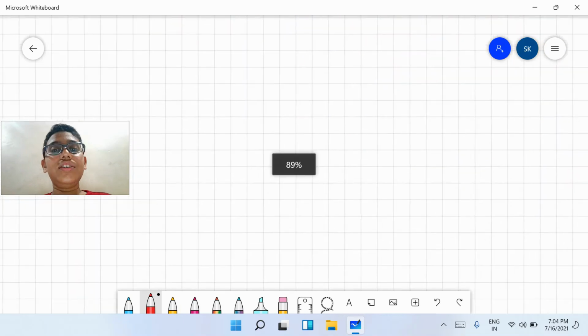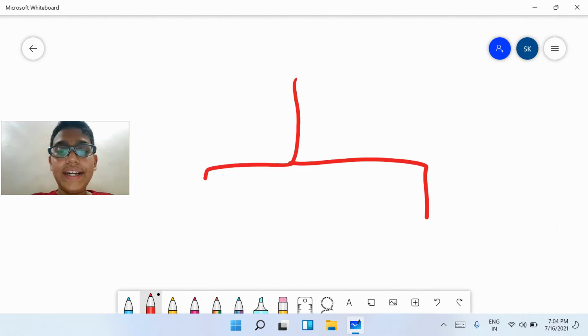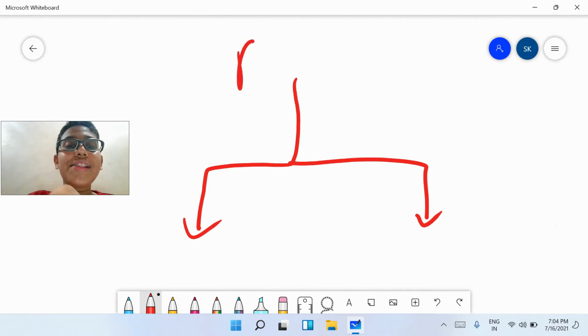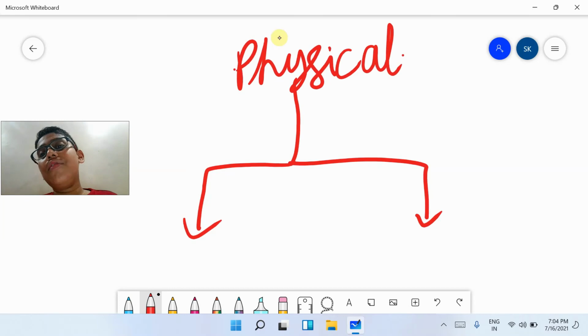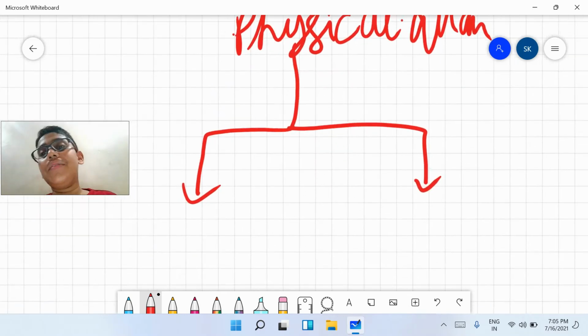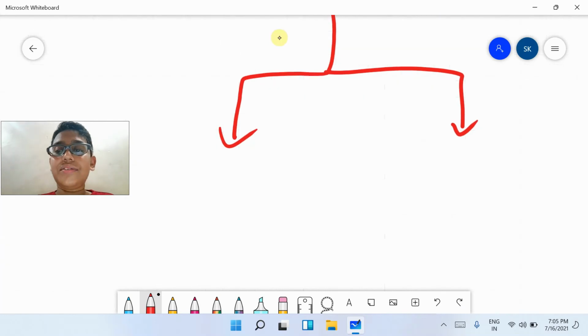Before that, I want to tell you what vectors are, simply from which category they come. We all know about physical quantities. The quantities which can be measured are known as physical quantities. These physical quantities are divided into two parts.